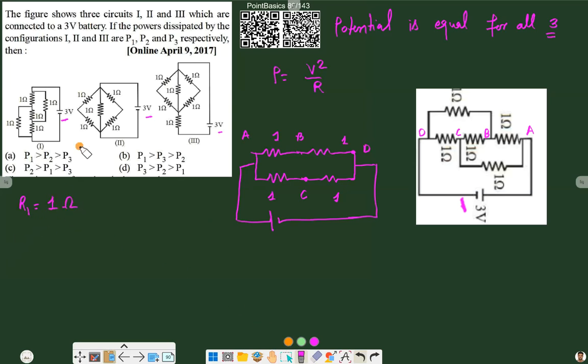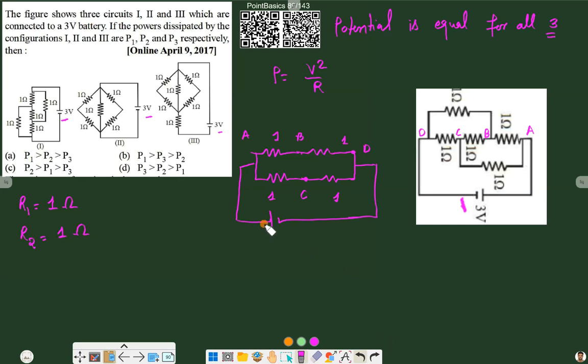Now if we see figure 2, here again this is a balanced Wheatstone bridge, and this middle resistance will be ignored, and R2 will again give us 1 ohm. Okay, I made a slight mistake here.